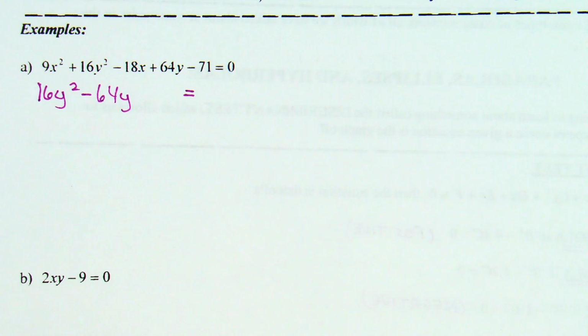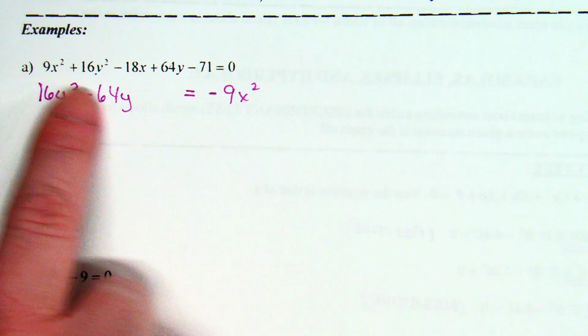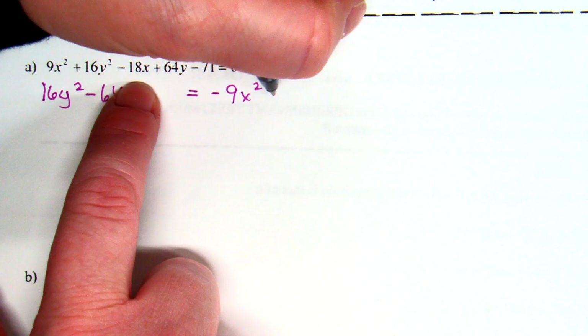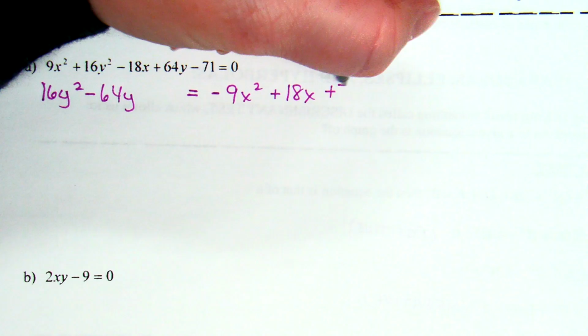So if I move everybody else to the right, that means I'm moving 9x squared, which means it's now a negative 9x squared. I'm moving minus 18x, which means it is now a plus 18x. I'm moving minus 71, which makes it now a plus 71. Got a y squared and a y term. How do I solve?